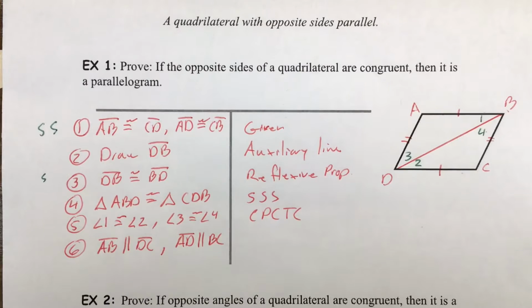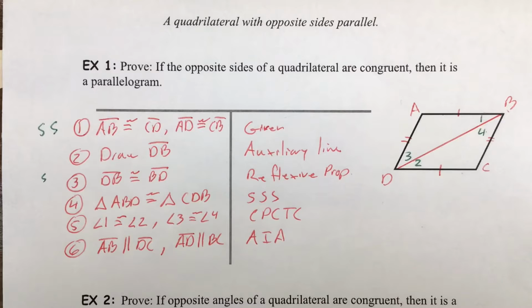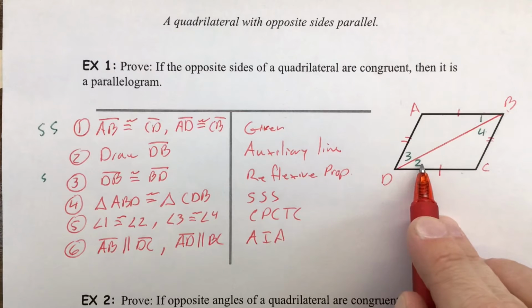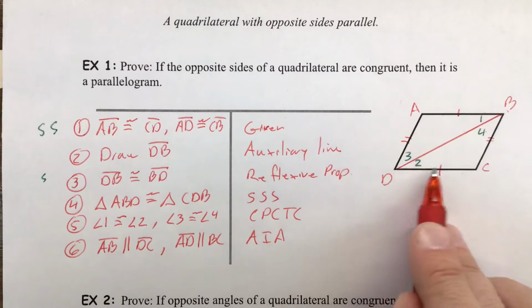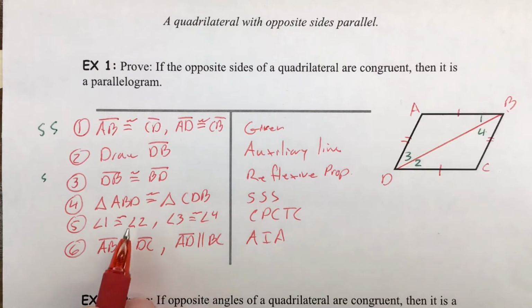The reason for that is AIA, alternate interior angles. Angles 1 and 2 fit the definition of AIA. You get that Z shape, a transversal crossing a couple of lines. If they happen to be congruent, which is what we get from CPCTC, that tells us that the top and the bottom will be parallel.